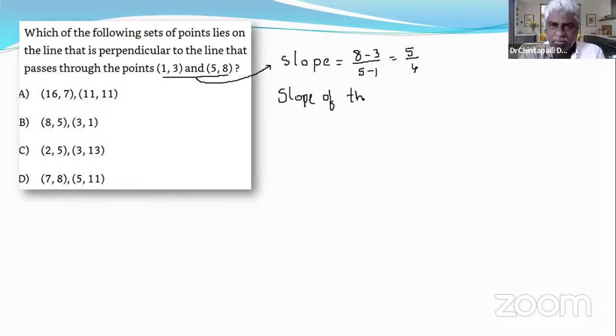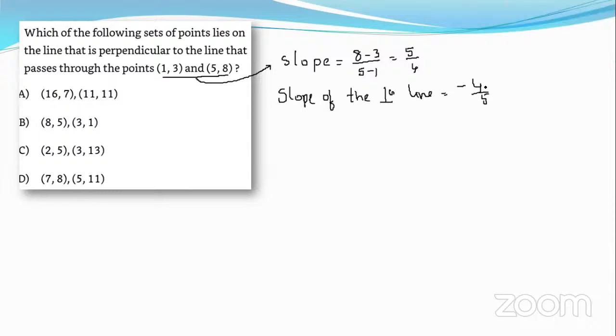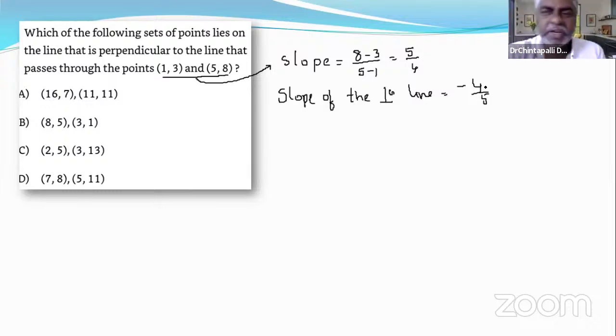Yes, -4/5. We have to check the 4 options for which the slope is -4/5.